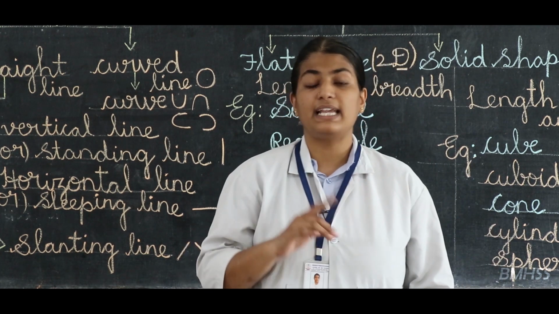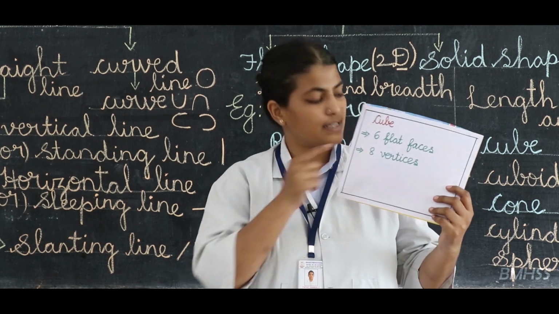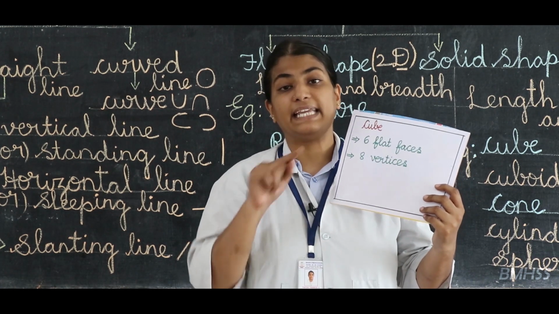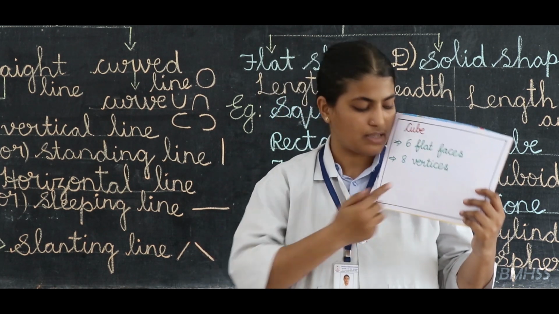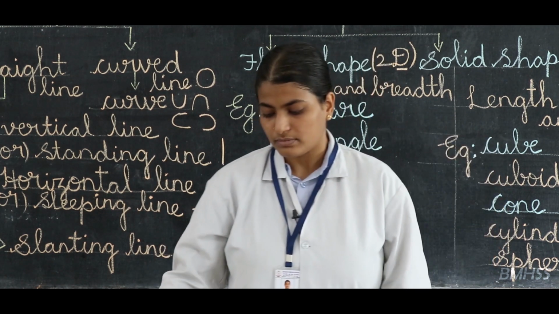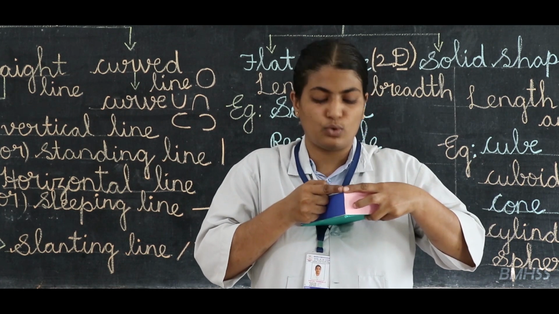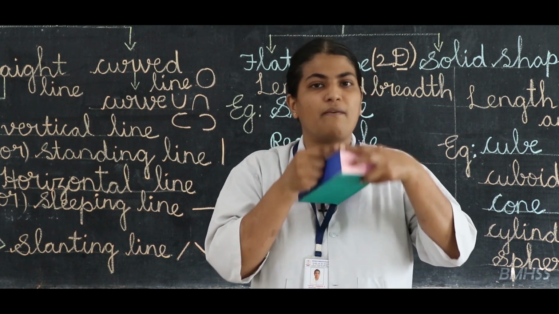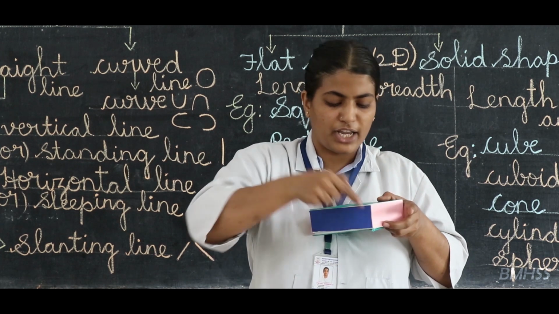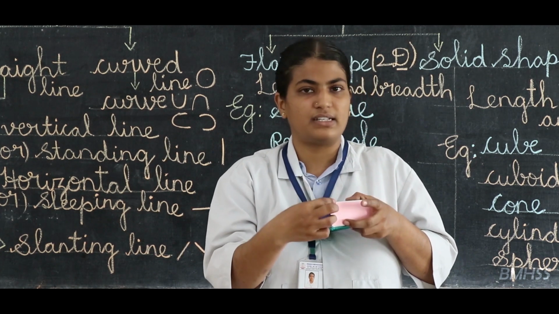Next, we are going to see solid shapes. The first solid shape was the cube. A cube has 6 flat faces and 8 vertices. What are vertices? Vertices are also known as corners. The corner where two lines meet is known as a vertex or corner.